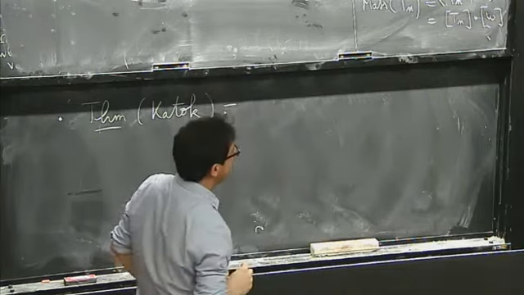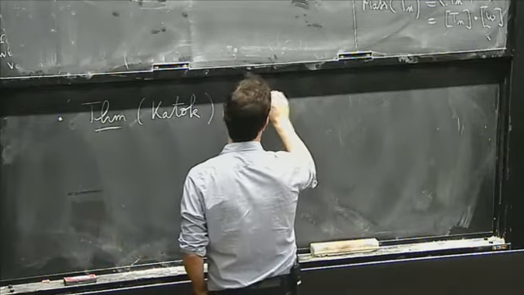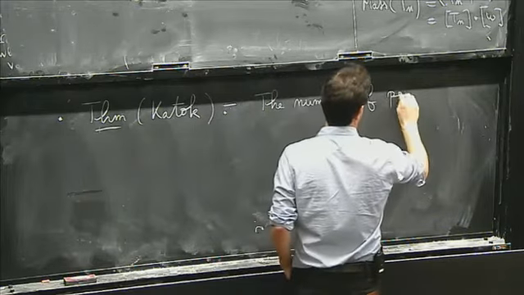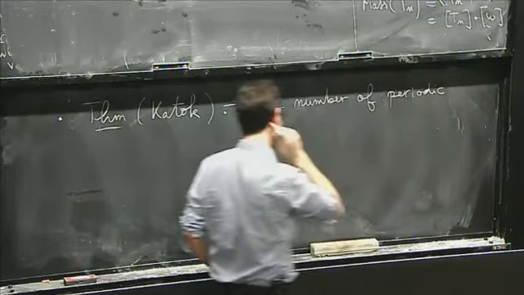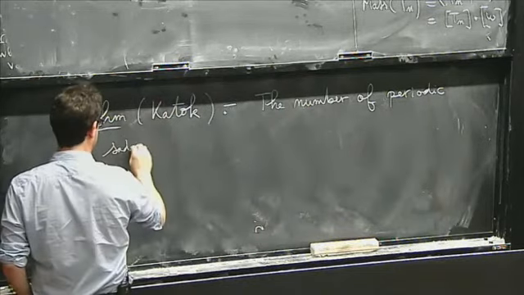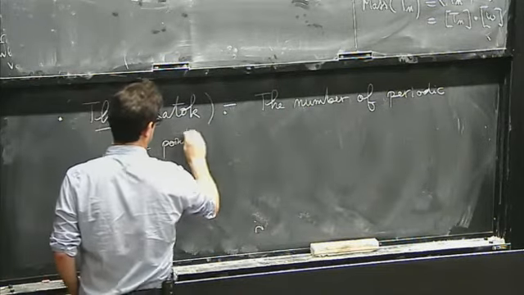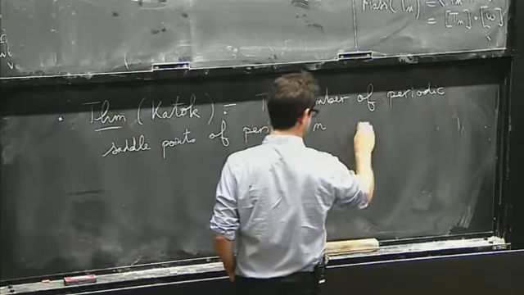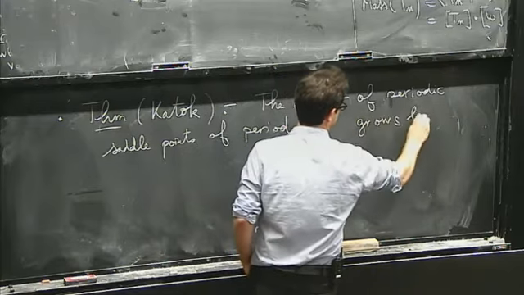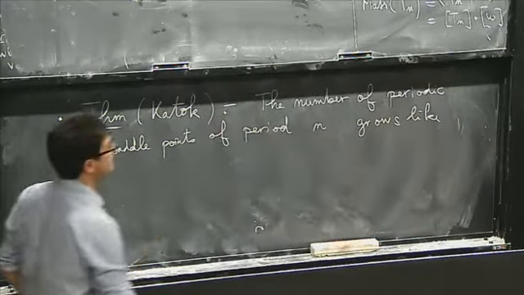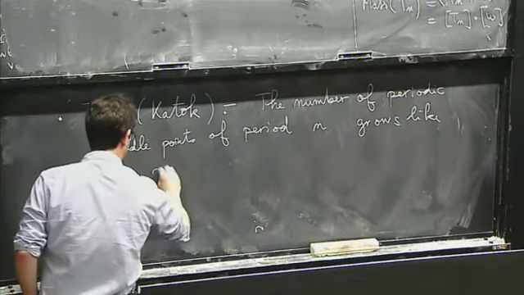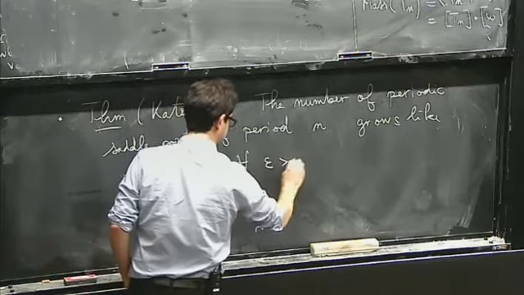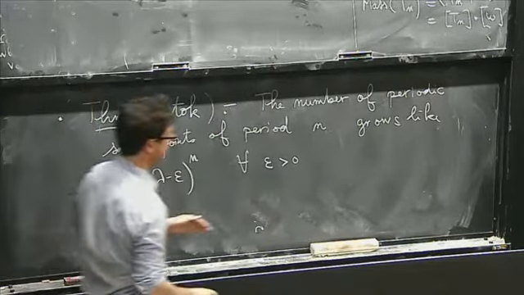So the number of periodic saddle points of period n grows like lambda to the n. So in fact, it goes like lambda to the n minus epsilon, for all small epsilon. Okay, so it's not an asymptotic behavior; it's a lower bound.